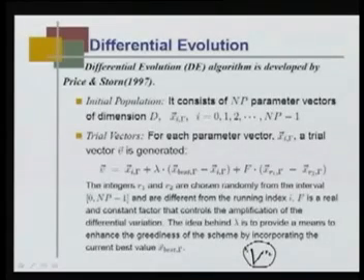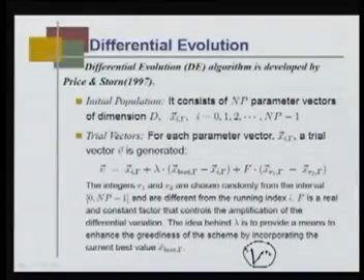The main objective of the trial vector is that I select two random parameter vectors from the initial population, and then magnify that difference by multiplying with a real constant F and add that to the actual target vector to create a trial vector.